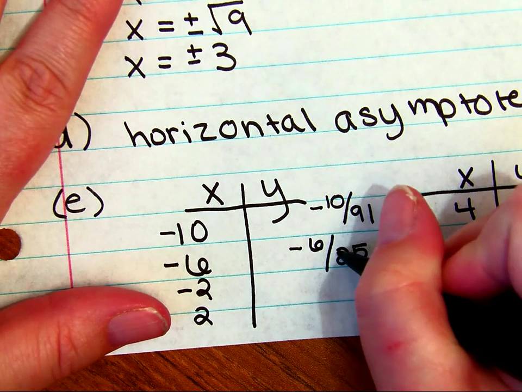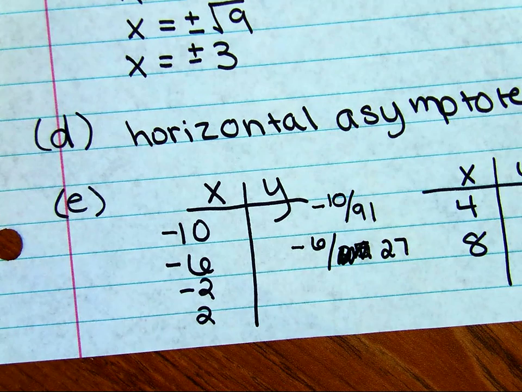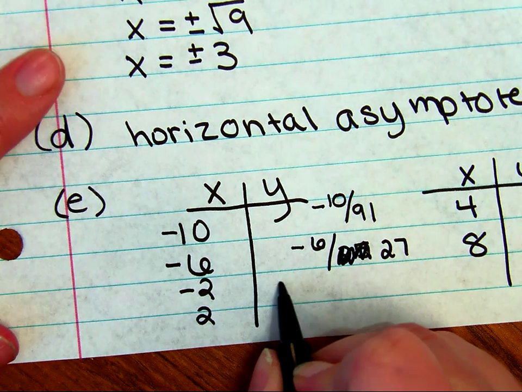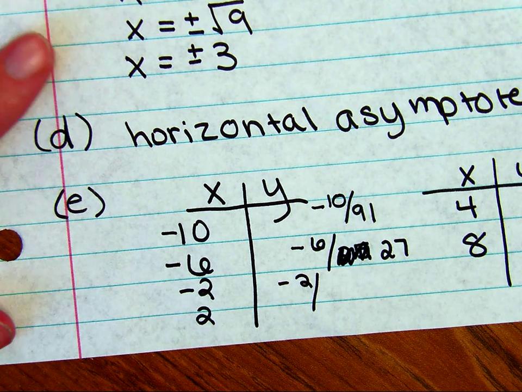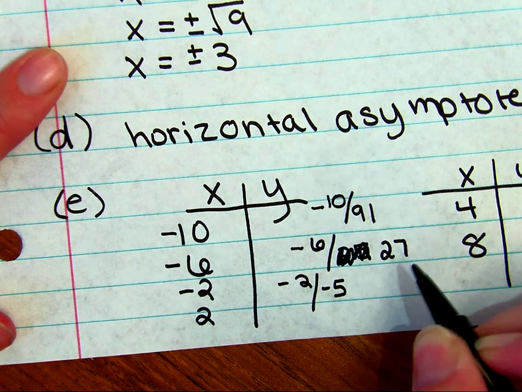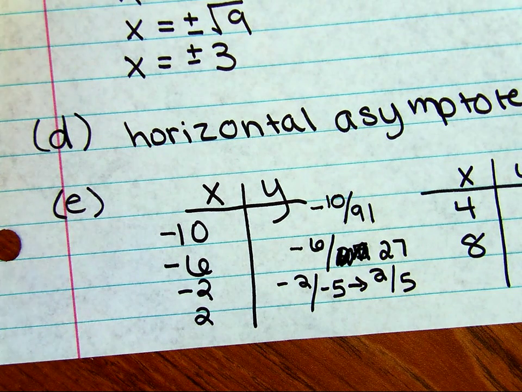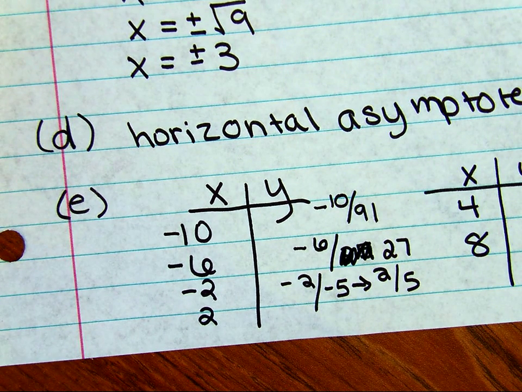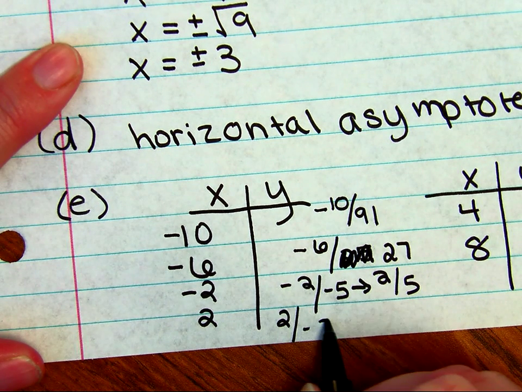Sorry, guys. Then -2 over -5, so that's +2/5 actually. Then I've got 2 over -5, so that's -2/5.